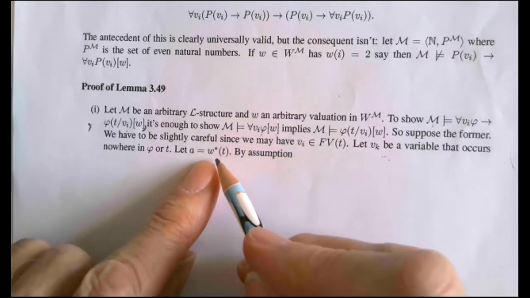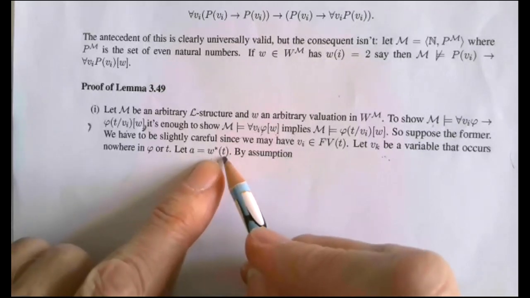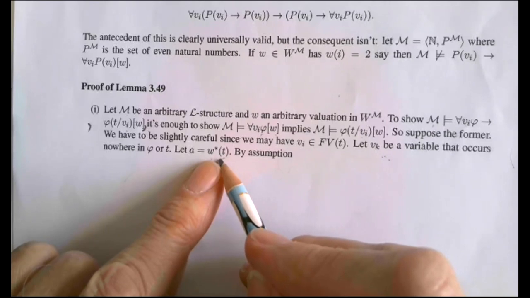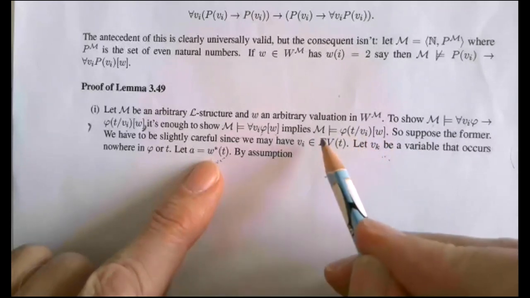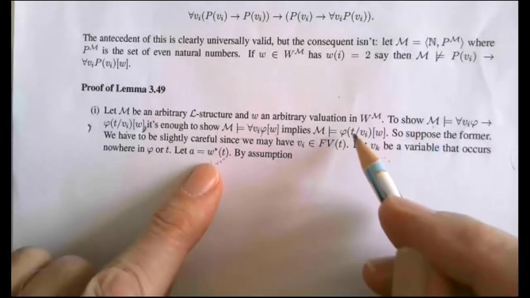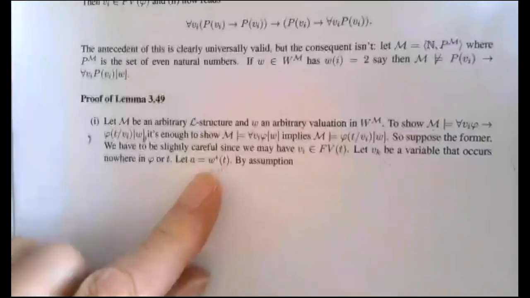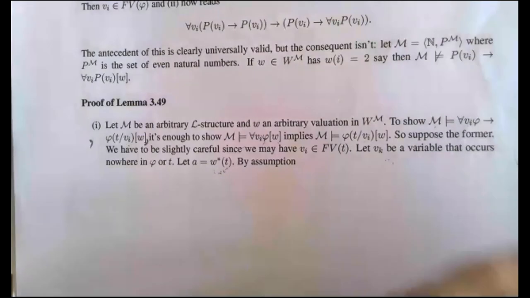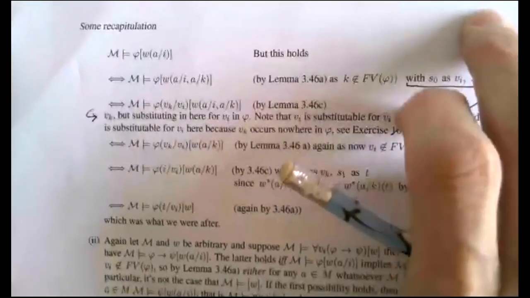So let's suppose the assignment function assigns A when it computes the value of T, the term. Right? So it's this A that we're going to see whether phi is true of A in M. If I substitute T in for Vi under this thing here. Okay.